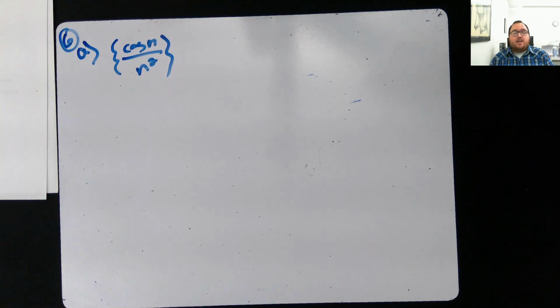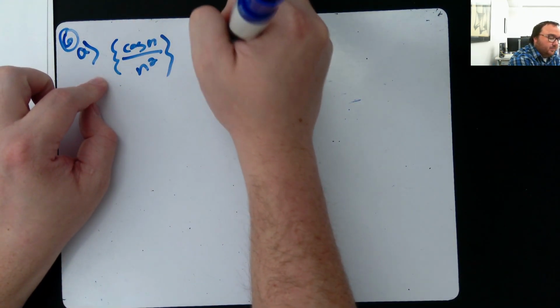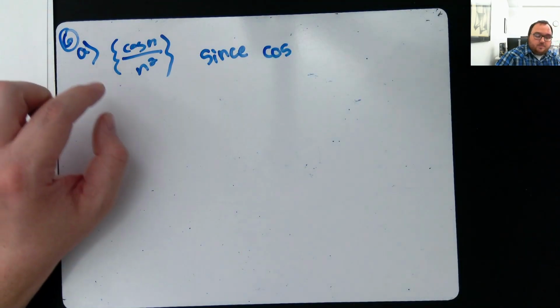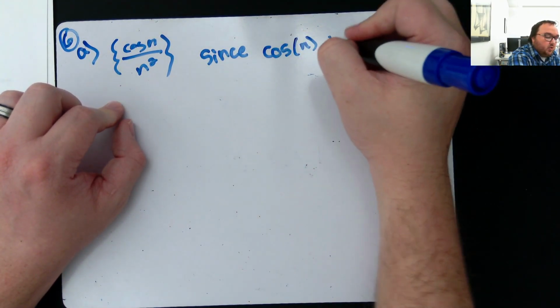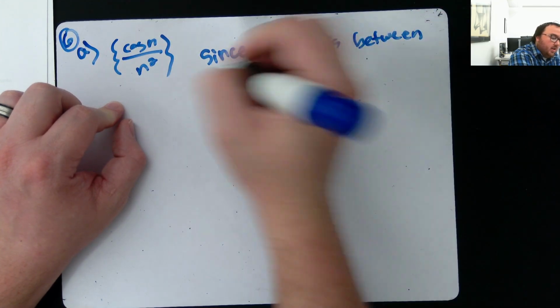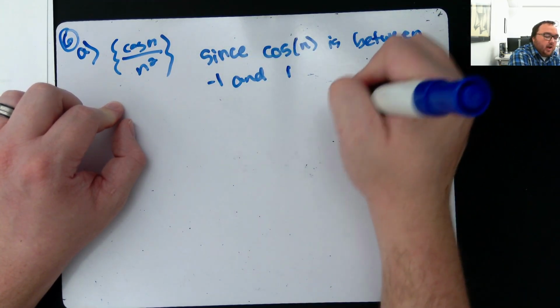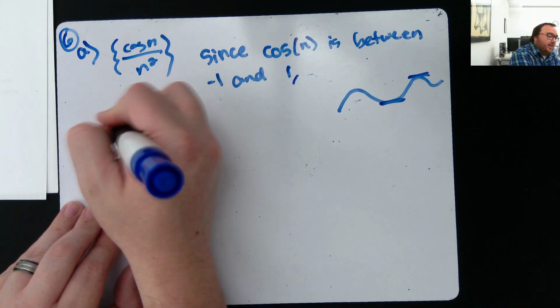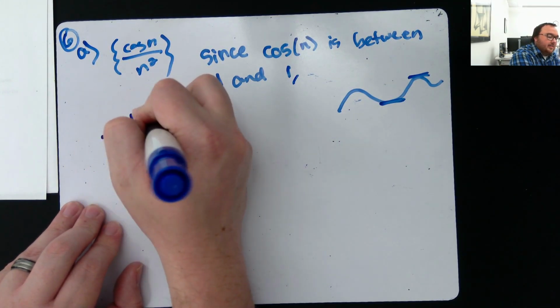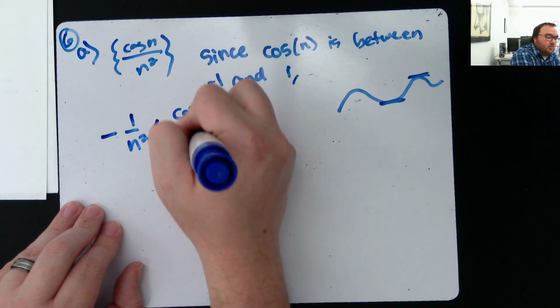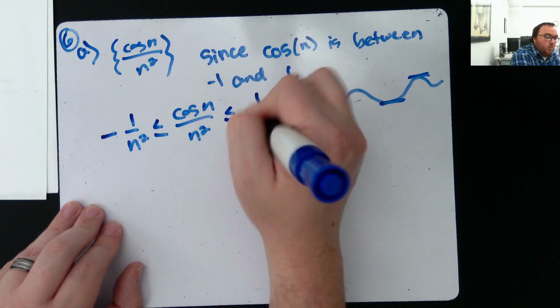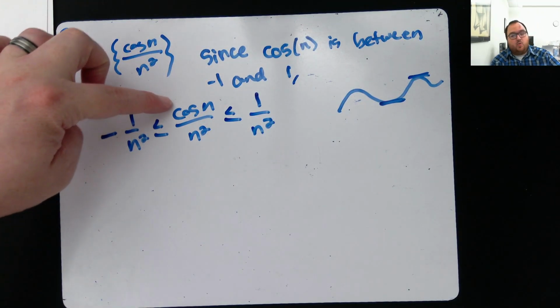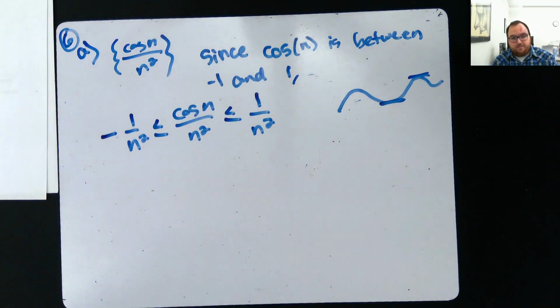Remember, cosine has to stay between -1 and positive 1. So since cosine is between -1 and 1, remember, because the graph goes like this, we know that -1 over n squared is less than or equal to cosine of n over n squared, which is less than or equal to 1 over n squared, because cosine is between -1 and 1.